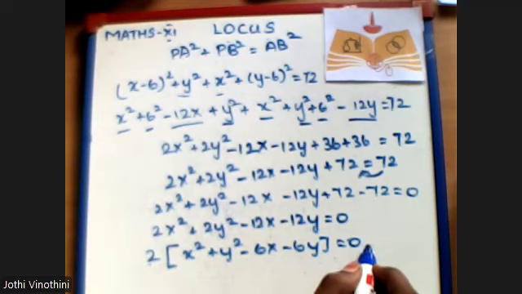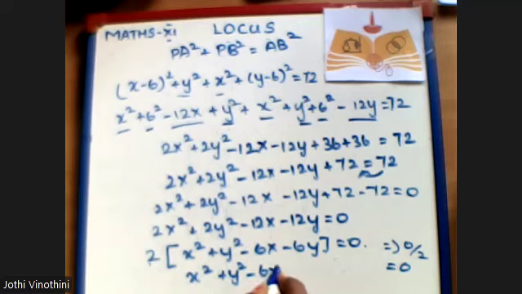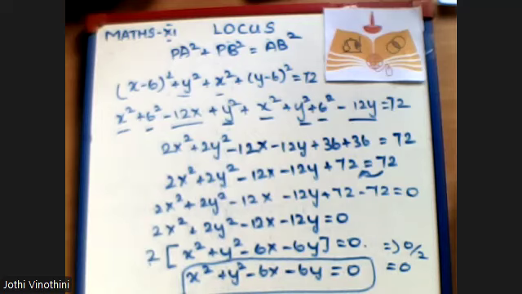When I take this 2 here, it will become 0 by 2, which is also equal to 0. So x squared plus y squared minus 6x minus 6y equals 0. So this is our final equation and this is the locus of point P, right?